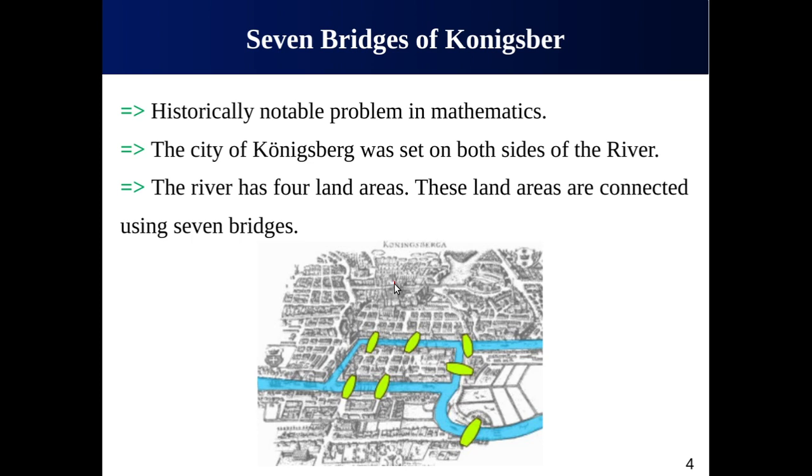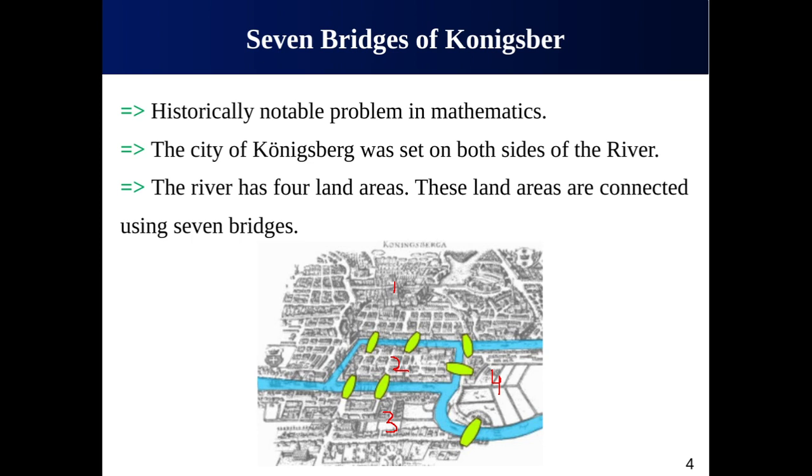Land number 1, land number 2, land number 3, and land number 4. This is our river. What you see in the yellow color, they represent bridges. You can say that these four pieces of lands were connected by 7 different bridges.